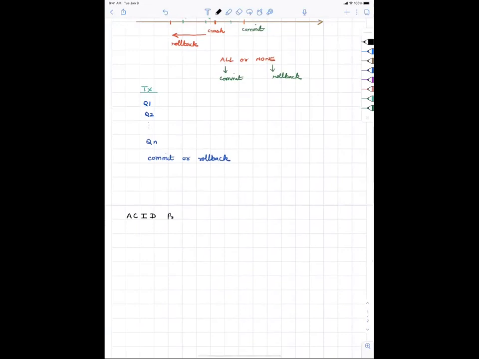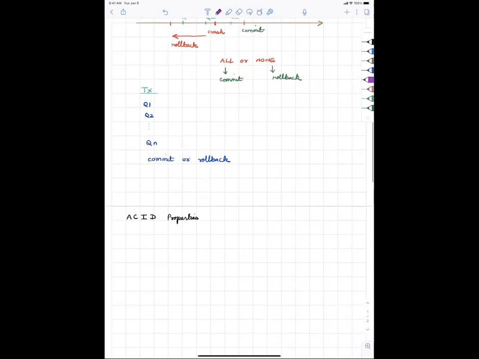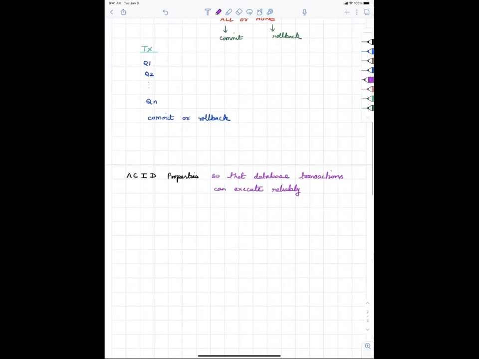These ACID properties are there so that database transactions can all execute correctly and reliably. I'm going to look at these ACID properties.